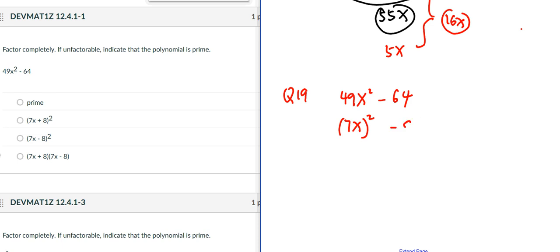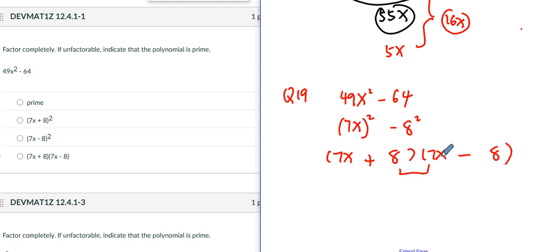64 is 8 squared. You can simply do 7x plus 8 and 7x minus 8. And you know, before your FOIL method, if here is plus, here is minus, the 2 in the middle will be cancelled.